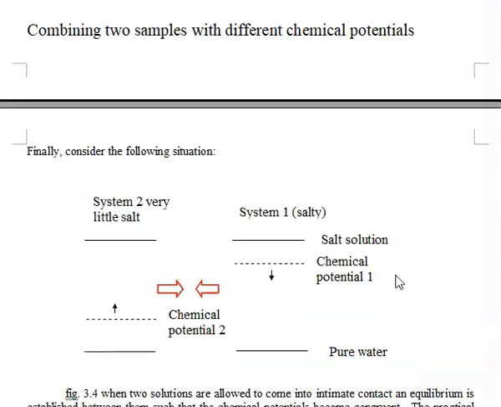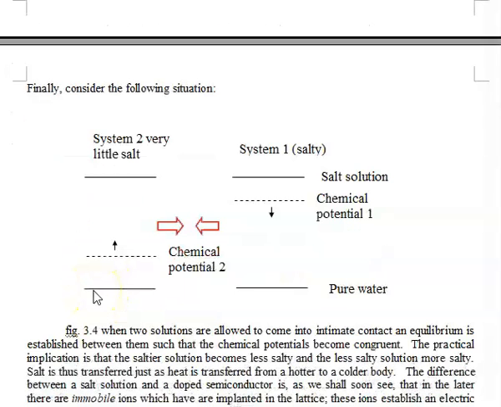Okay, now if we combine a salty solution where the chemical potential is very high, close to the saturated salt solution, with a system, or a cup, if you will, which has very little salt, where the chemical potential is close to that of pure water, what happens?